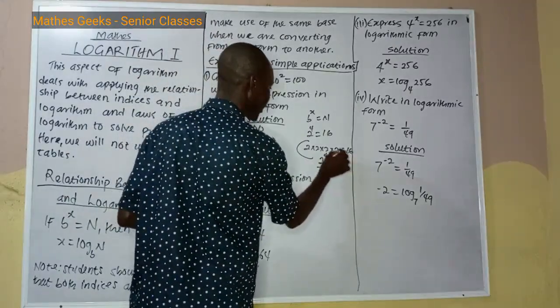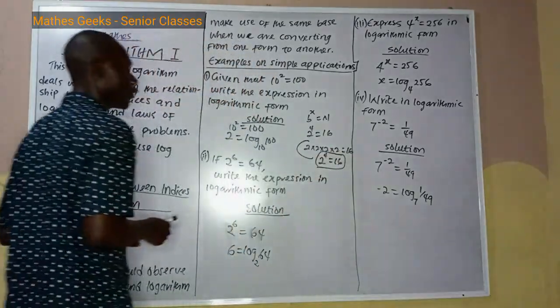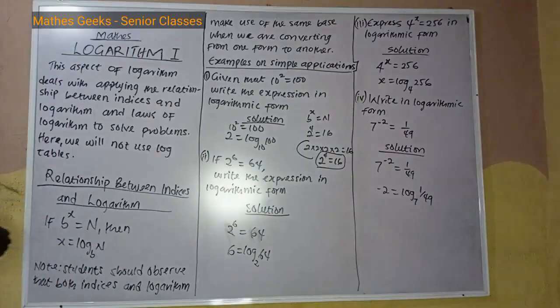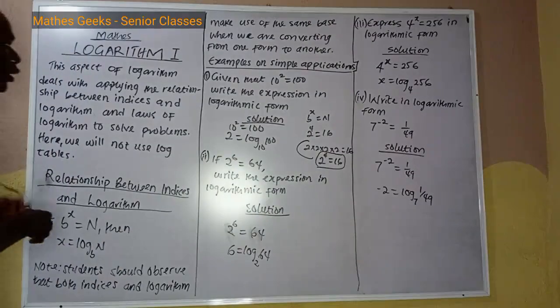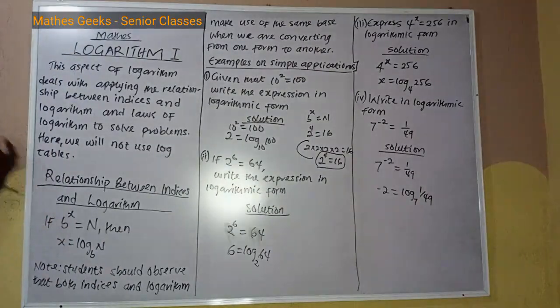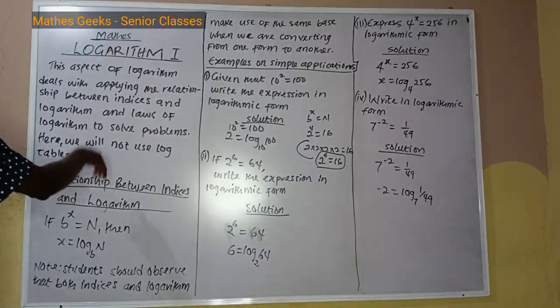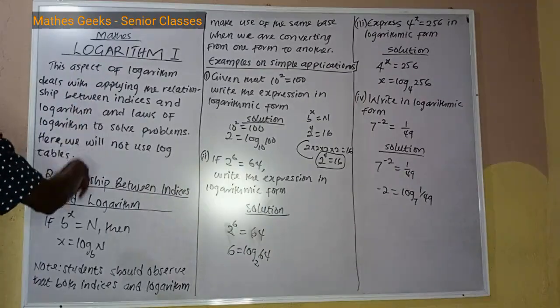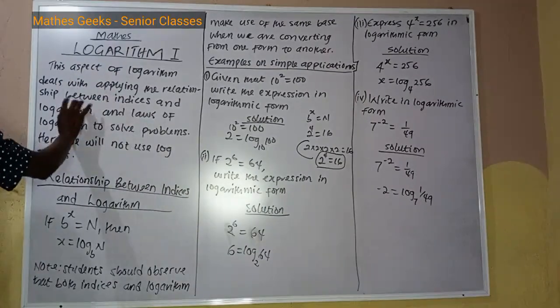Both of them are the same thing, just that this is a shortened form of the other, and this notation is known as index notation. That was what I was referring to earlier, that I have a series of videos on indices which you need to watch to understand it, because we're going to apply basically the rules or laws that govern indices here, since this part of logarithm is especially about the relationship between indices and logarithm.